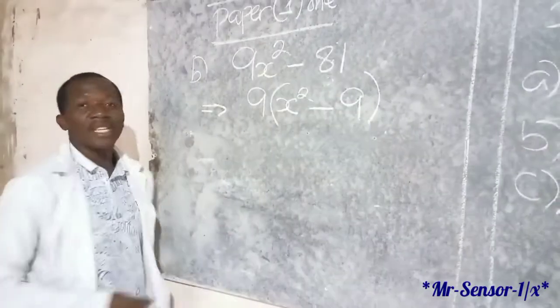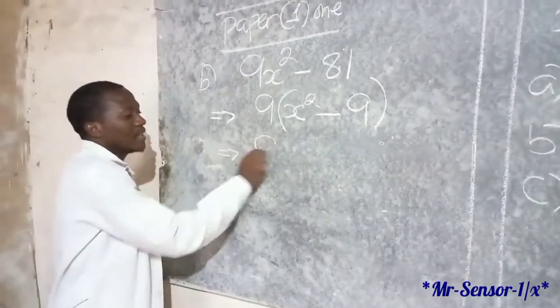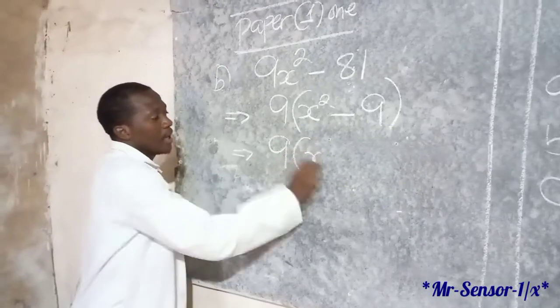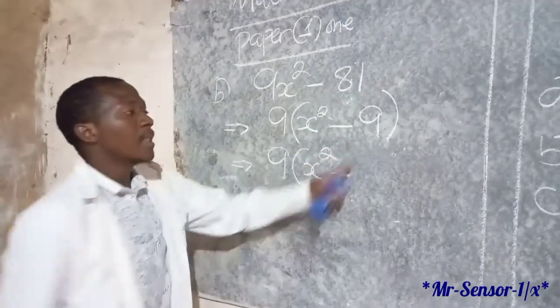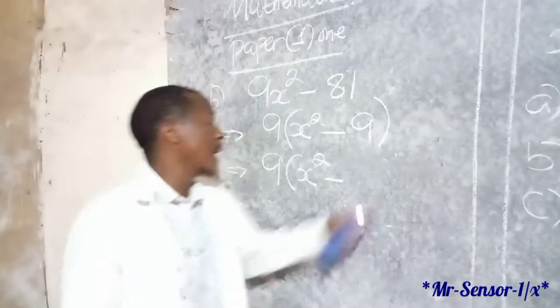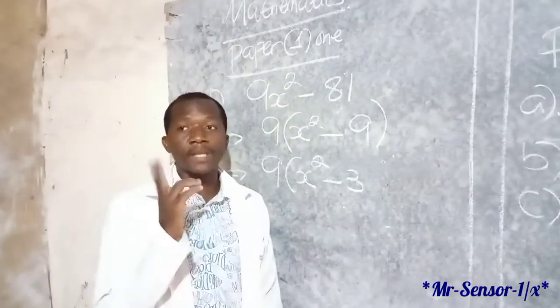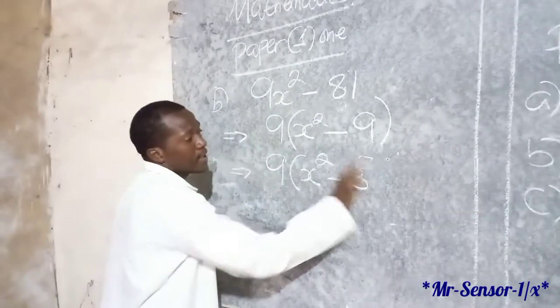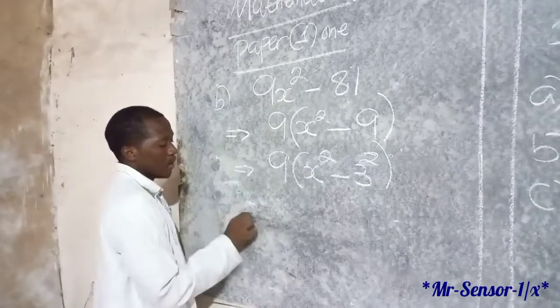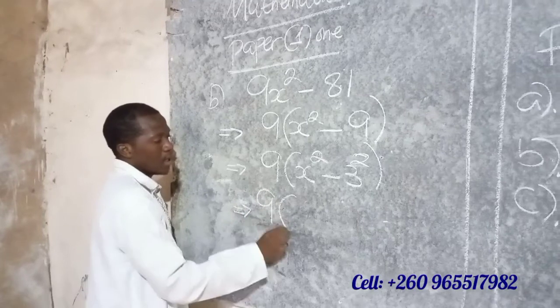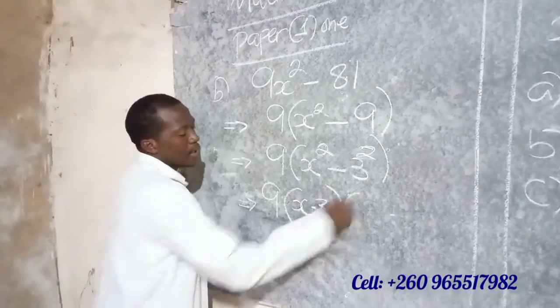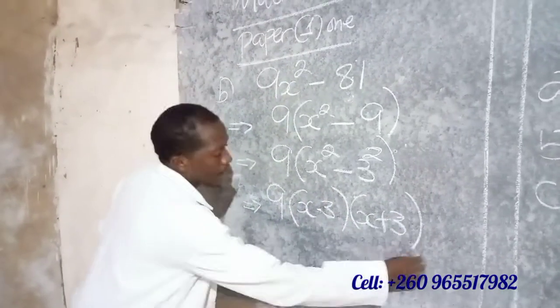Then upon reaching this stage, we're going to say this is 9, then x squared minus. The number you can multiply 2 times to get 9 is a 3. The number of times it can be multiplied to get 9 is twice. So we indicate that is the power 2. So we're now going to say 9, then x minus 3, then x plus 3.